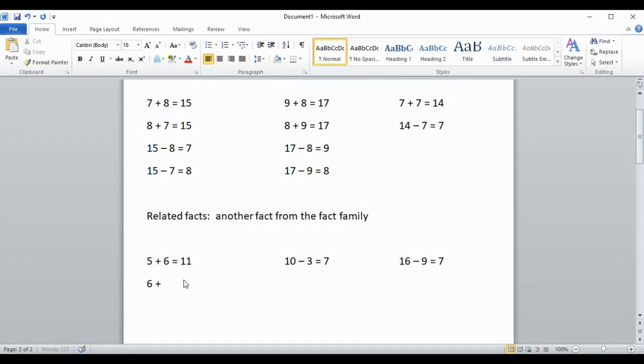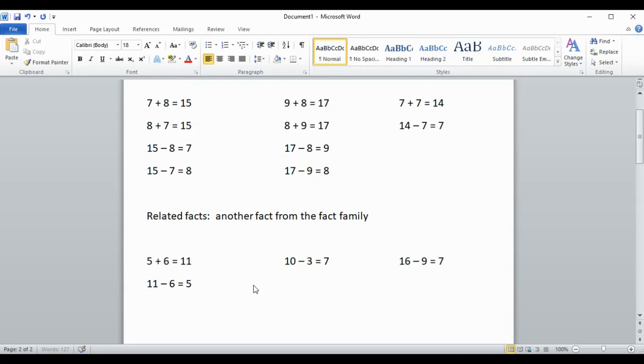Now we could also have said, as a related fact, 11 minus 5 equals 6, because that's also a member of this fact family. So the reason I'm bringing this up is because your worksheet is going to ask you to write a related fact. So they just want you to write either the other addition problem or one of the other subtraction problems, which would be that one. So that's what it means by related fact.